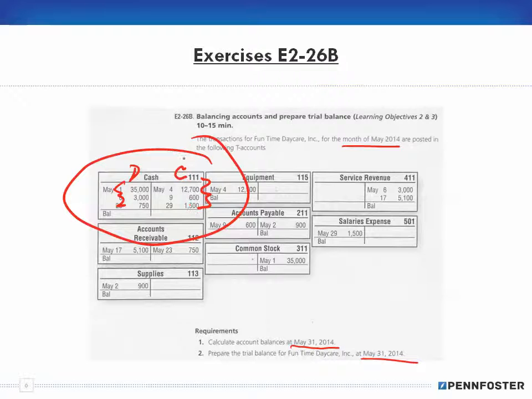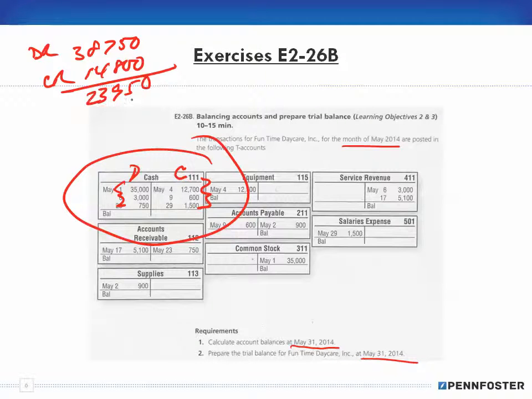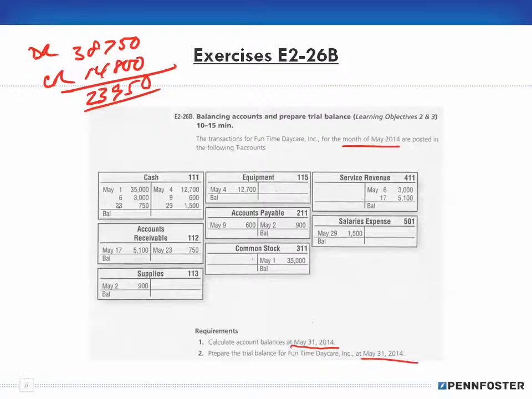So 35,000 plus 3 is 38,750 for our debits, and we have 12,700 and 6 is 13,300, 14,800 for our credits. We subtract one from the other, and we end up with 23,950. It's a debit balance because our debit is greater than our credits.